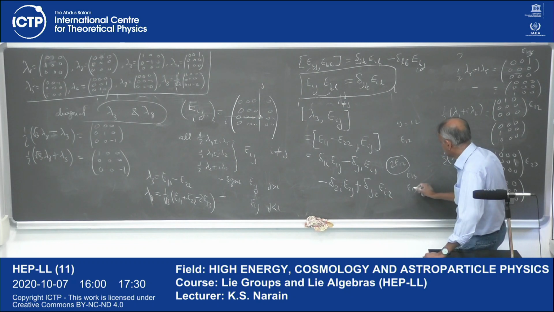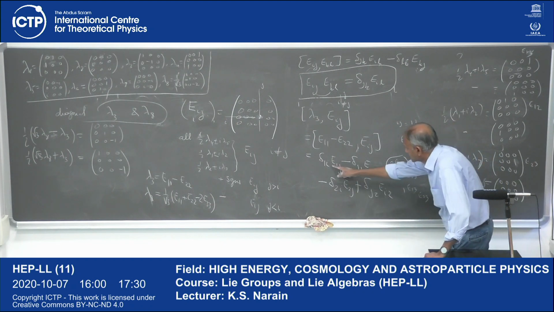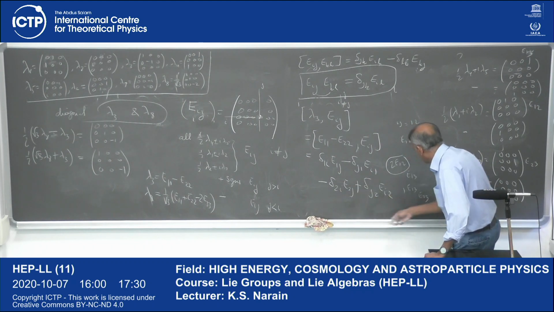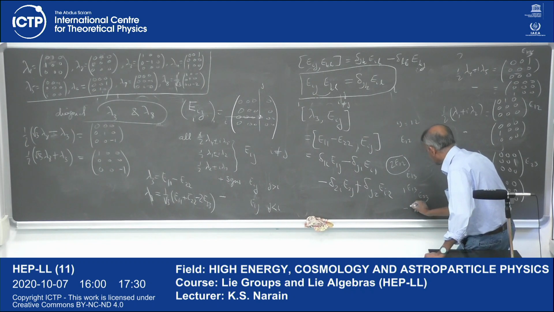So everything vanishes, just E13. So this one is a coefficient 1 times E13. And finally, what is left over? E23. E23 again, so this vanishes, i is equal to 1. So i equal to 2 will survive here, which is minus E23.